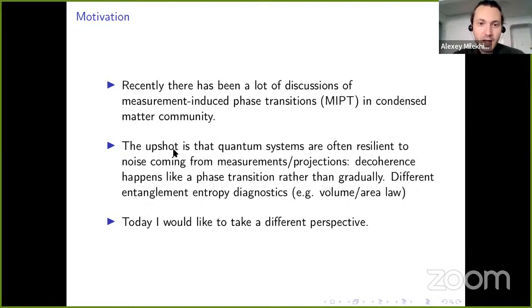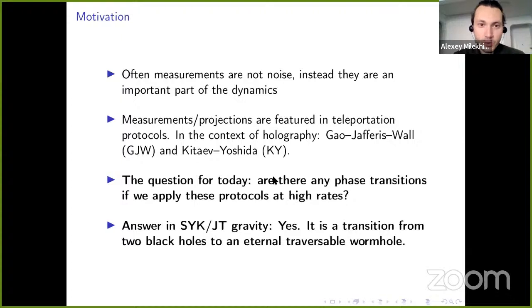As I said before, the upshot is that quantum systems are resilient to noise, and it takes a finite noise rate to move to a different phase. But what I want to say is that measurements are often important, for example, in these quantum teleportation protocols. In the context of holography, there are two protocols, Gao-Jafferis-Wall and Kitaev-Yoshida, which have been studied before.